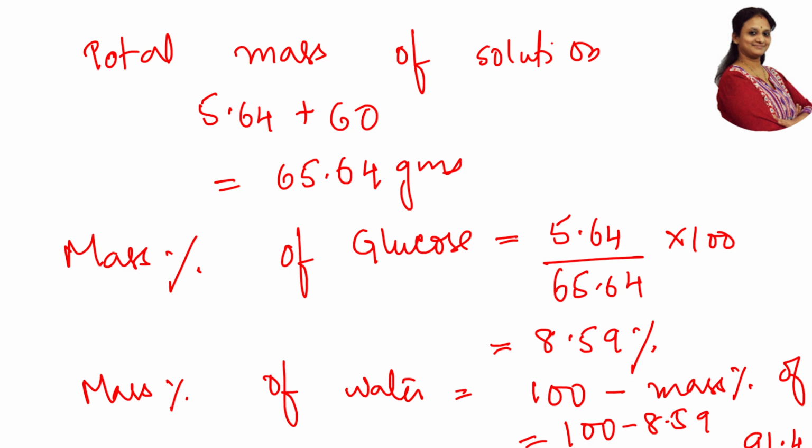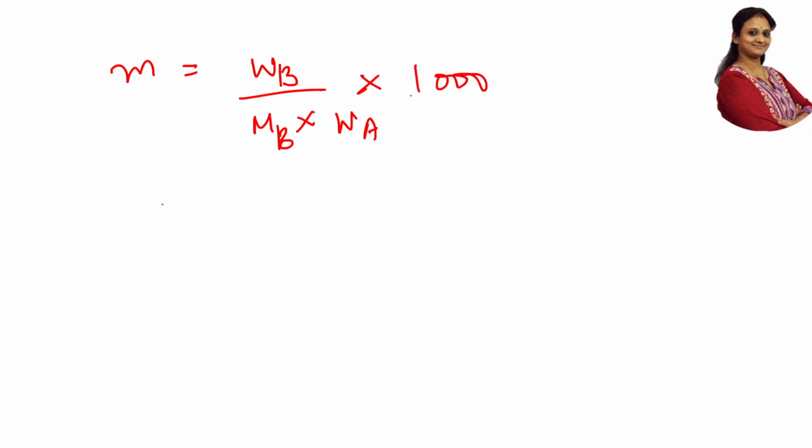Now I have to calculate molality, correct? So to go back again, write the formula. Molality is equal to WB of the solute, divided by MB of the solute, WA of the solvent into 1000. Correct? Okay. So how much is WB by MB? Did they give me? Yes, because they said 5.64 grams.